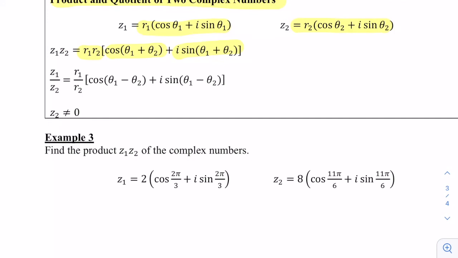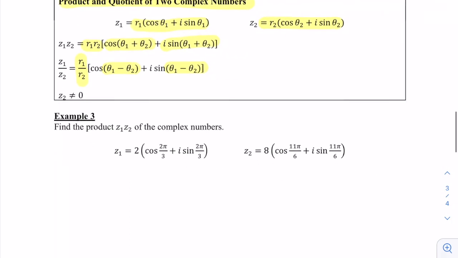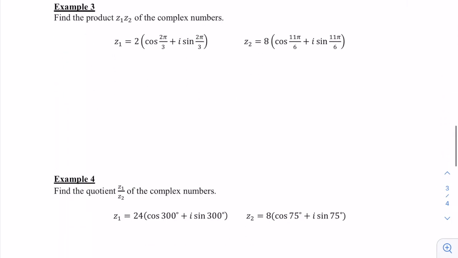The quotient is very similar. We have R1 divided by R2, those two moduli being divided, and then the angles are going to be the difference. So we have the cosine of the difference of the two angles plus i times sine of the difference of the two angles.